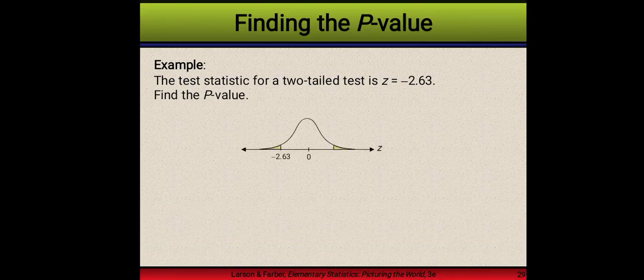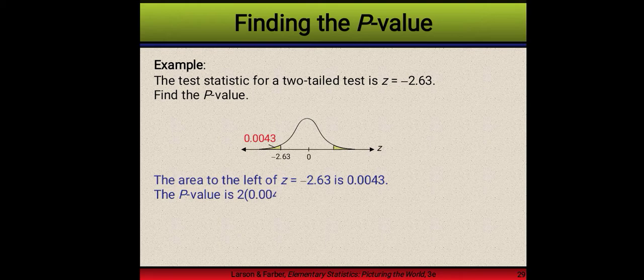Since it is a two-tailed test, the area to the left of z equals negative 2.63 is 0.0043. And the p-value is 2 times 0.0043, which equals 0.0086.